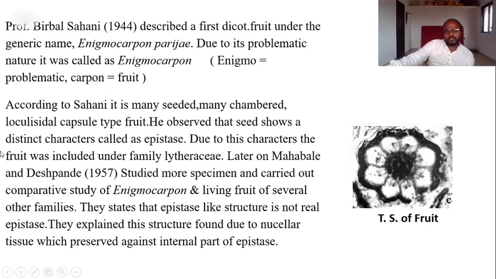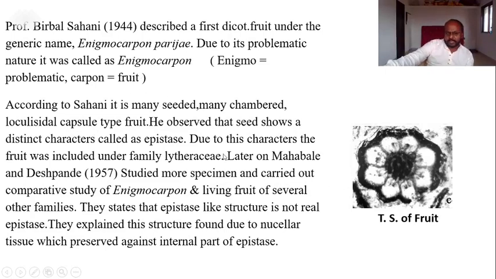Due to its problematic nature it was called Enigmocarpon: enigmo means problematic, carpon means fruit. The fruit is not problematic, but its nature is controversial, and therefore it is Enigmocarpon.